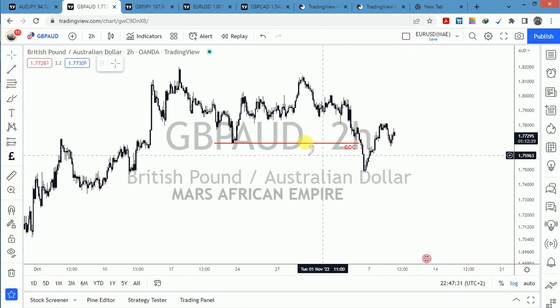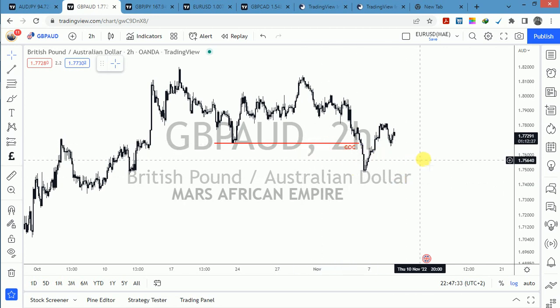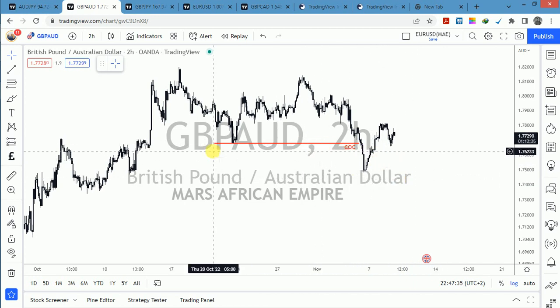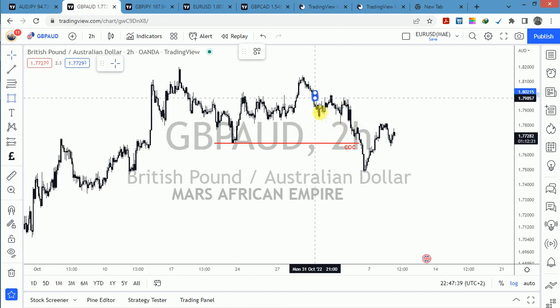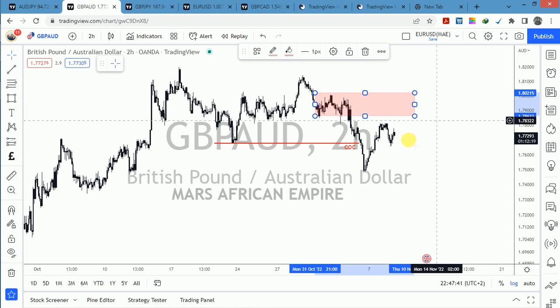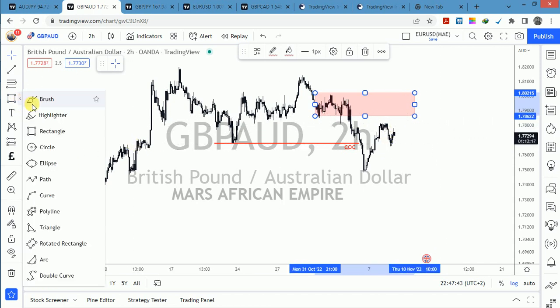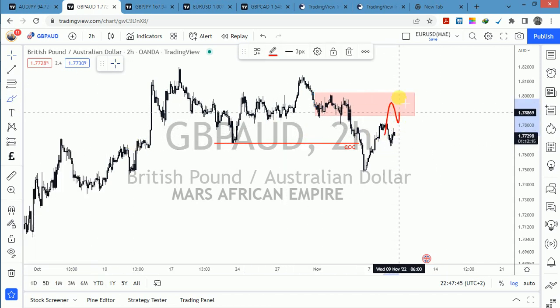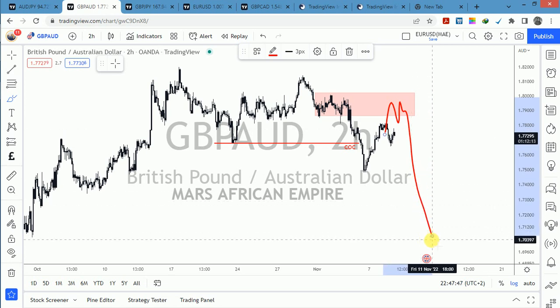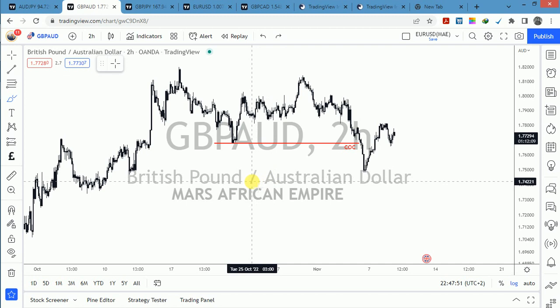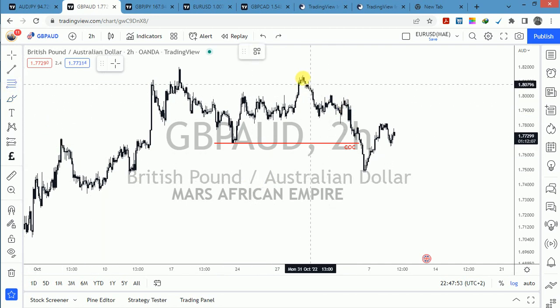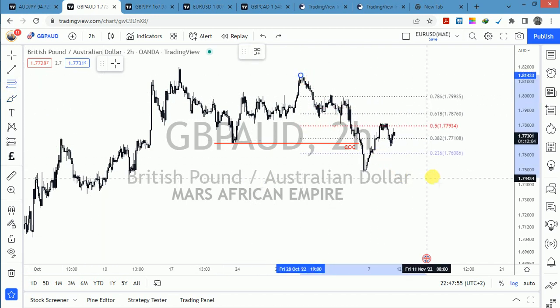So we have a change of character, which we should now look for an order block just above here. Mitigate that order block and then continue to go down. We should mitigate one of the order blocks there, and then we can continue to go down. Which order block is that? So the first thing that we are going to do, we can use a Fibonacci.